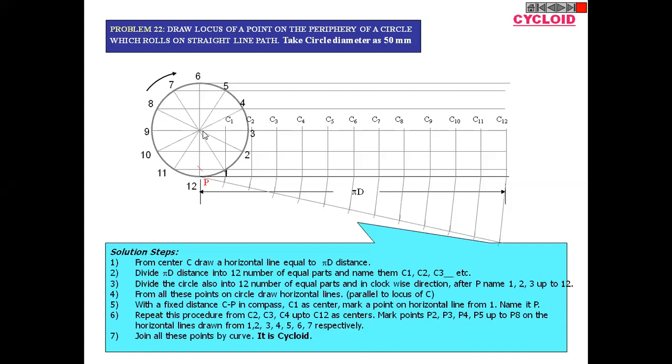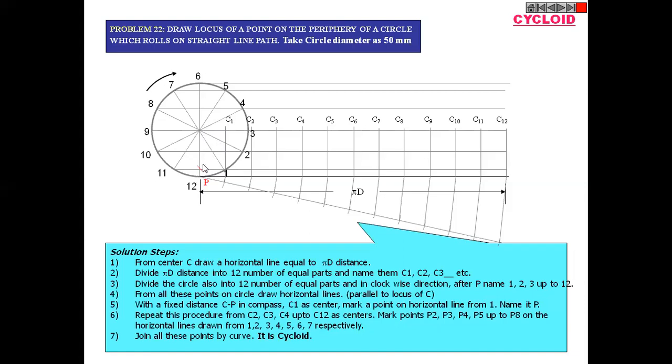It means first you set the compass from here to here, a radius equivalent to the circle, then with C1 as a center, mark one arc on the horizontal line passing through point 1.